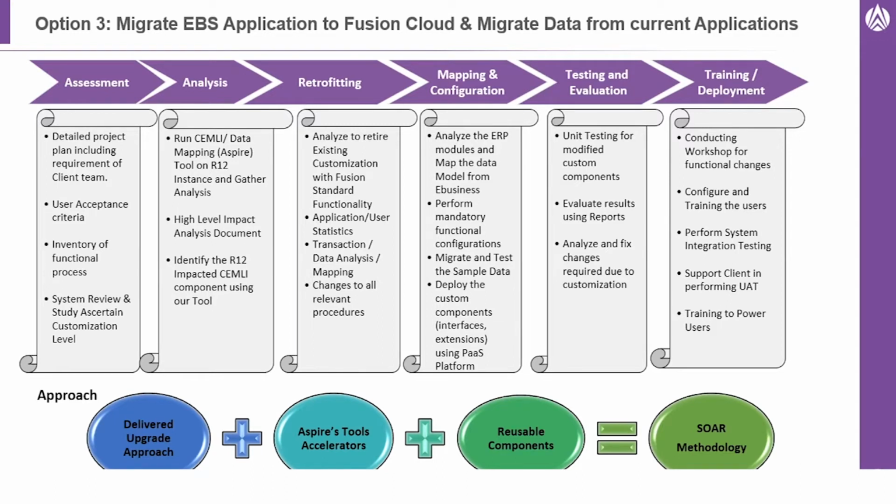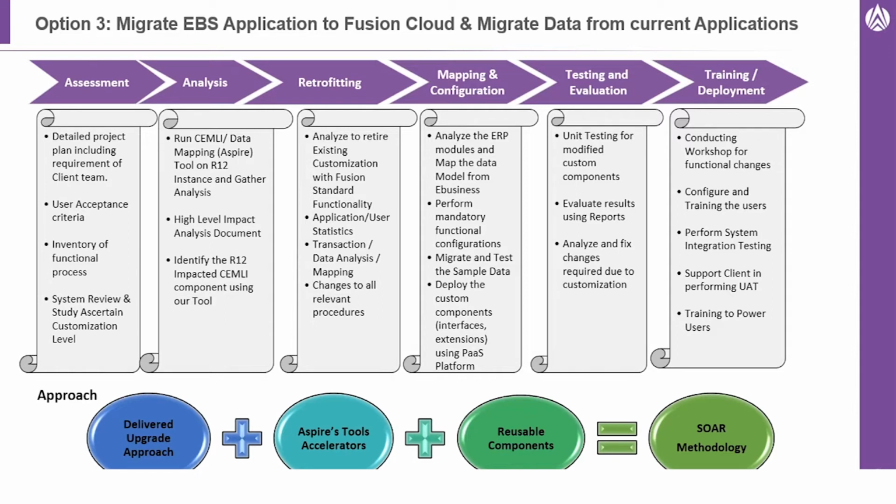Finally, we do the mapping and configurations of the Fusion applications, load the data, build integrations with the extensions on the customization front, and do the testing and evaluation. We will also do rigorous training to make sure whatever functions and features you are using on-premise are also available.